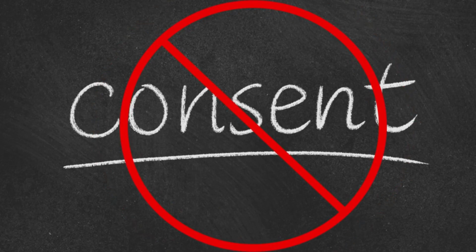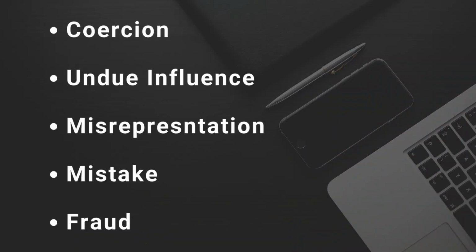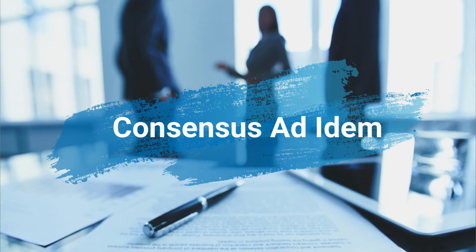It is said the consent has been obtained through illegal mechanisms, that is, induced by all these 5 factors and parameters. So when we talk of free consent, consensus ad idem must be established.